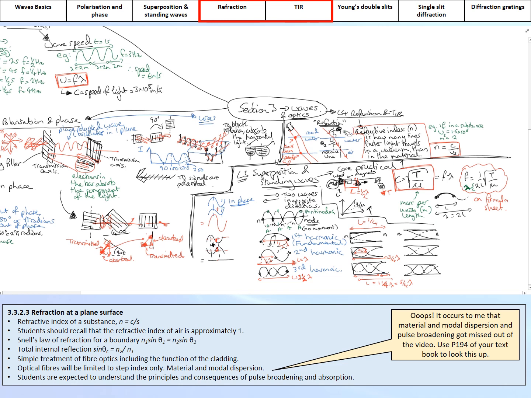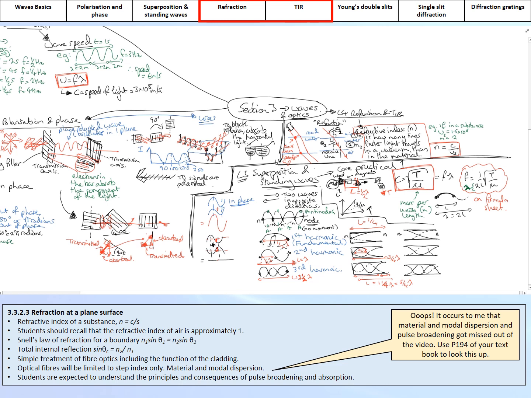And how that varies as you move from one material, which we call, let's say, medium 1, which in this example is air, to medium 2, which in that example is water. And it depends on the refractive index of air, n1, and the refractive index of water, n2.